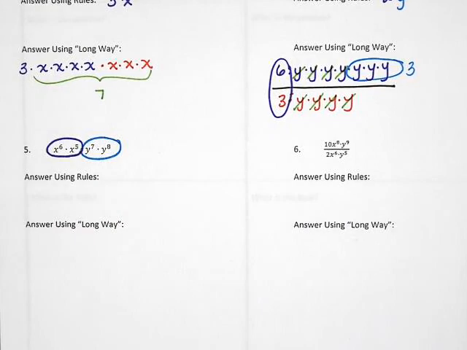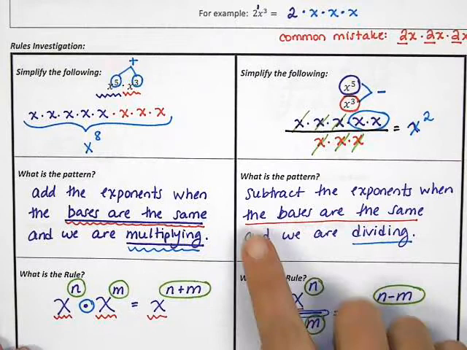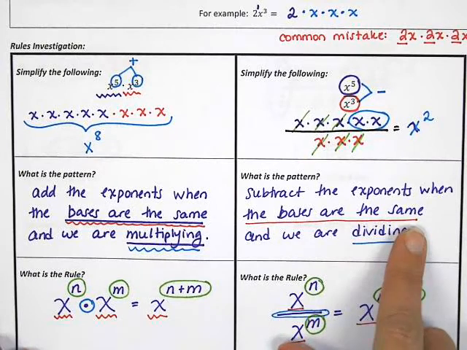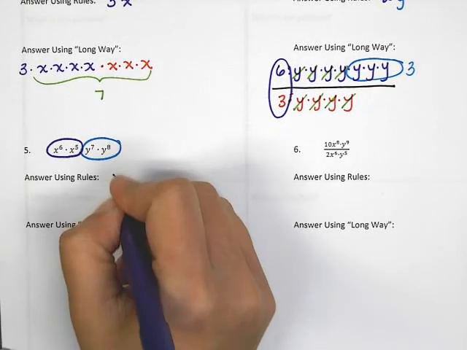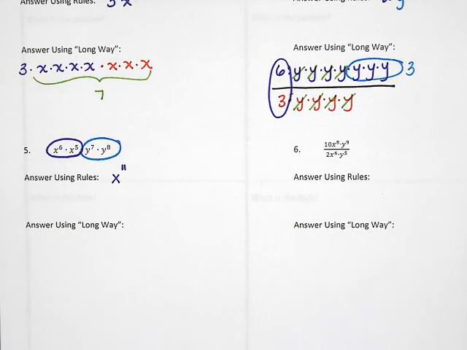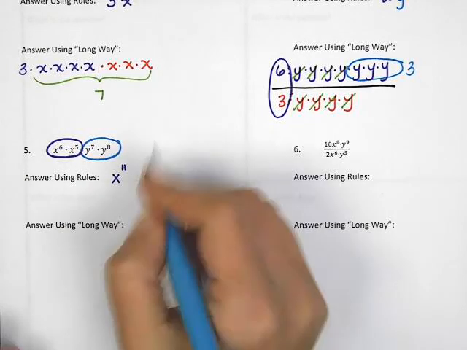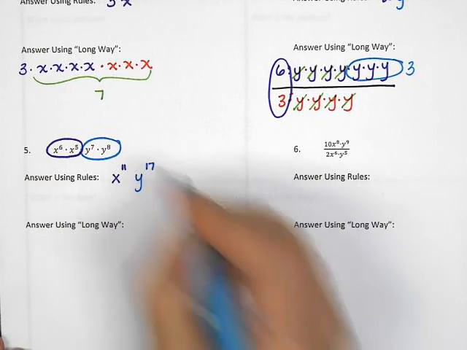So all I would do is do them separately because I know I can't combine things unless they have the same base. That was one of the rules we wrote down on the previous page. The bases have to be the same. So I'm going to combine the x's by adding their exponents together, and I would get 11. And I'm going to combine the y's by adding their exponents together, and I would get 15.